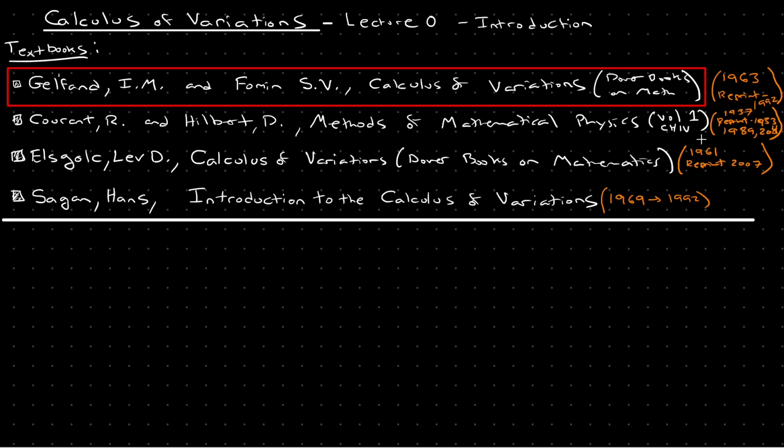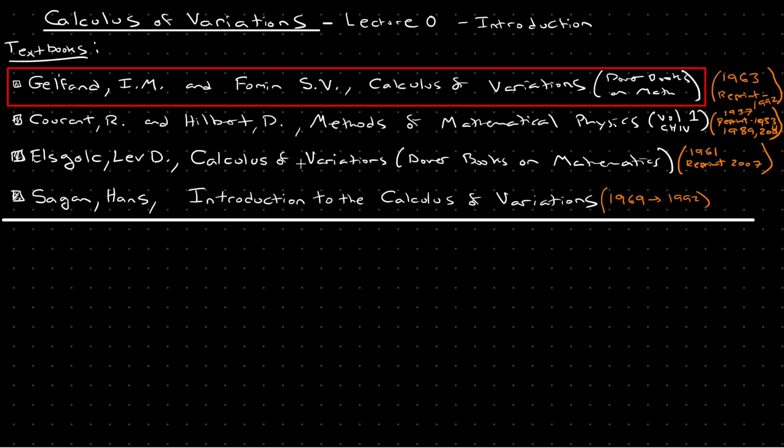This was originally printed in 1937 and reprinted in 1953, 89, and 2004. This is a fantastic textbook in general for topics in mathematical physics, and is a classic text for explaining many things, but specifically it has a great section on the calculus of variations.